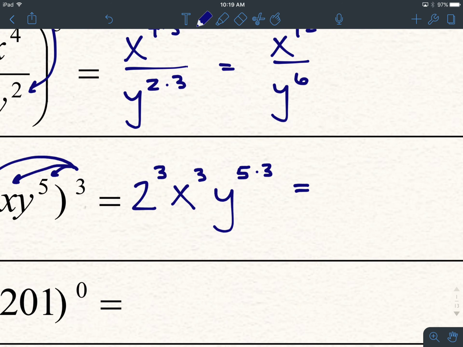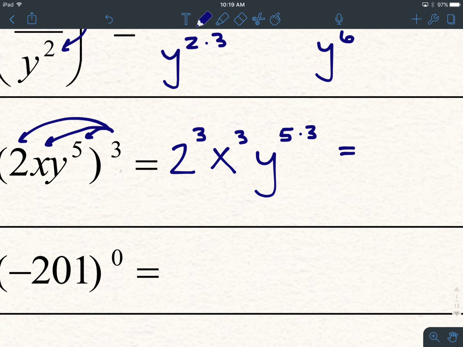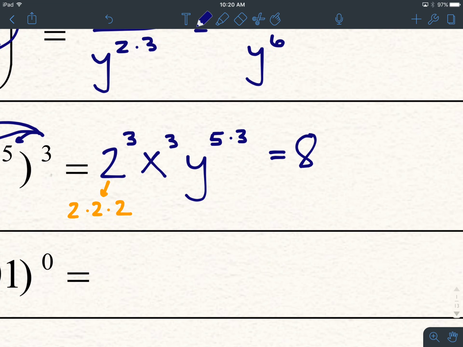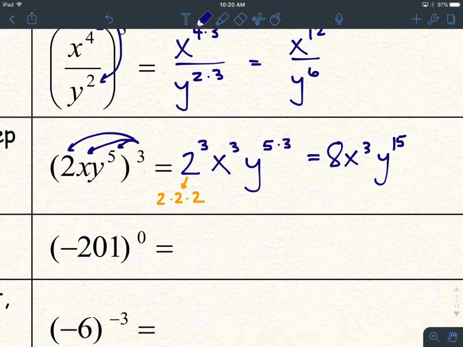If you're given something like 2 to the exponent 3, we can actually figure that out. Remember that's going to be 2 times 2 times 2, so that's going to give us 8. That x to the exponent 3, we're just going to leave it. And we have now y to the exponent 5 times 3, or y to the exponent 15.